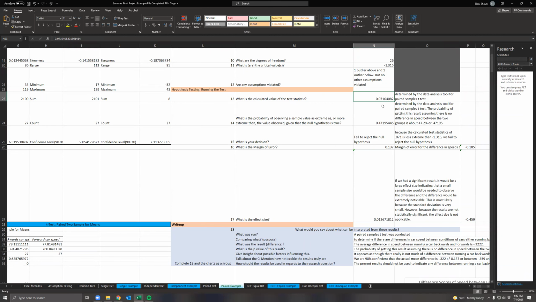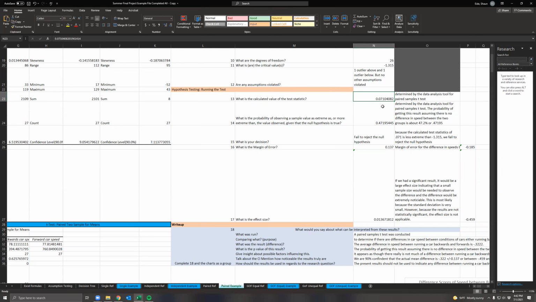The probability of getting something more extreme than this is just a little under 50%. It is 0.4719. In other words, it's almost a 50% probability that we would get something more extreme than this, assuming that there is no difference between running a car forward or back.